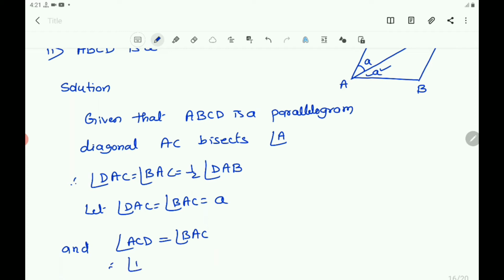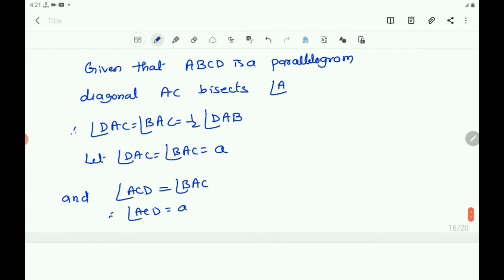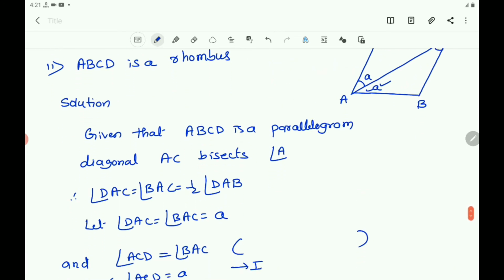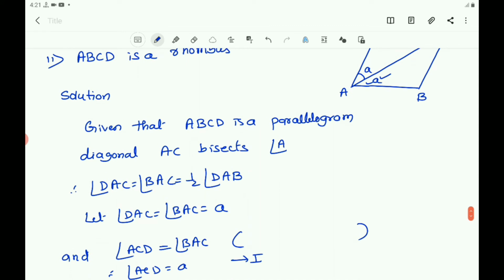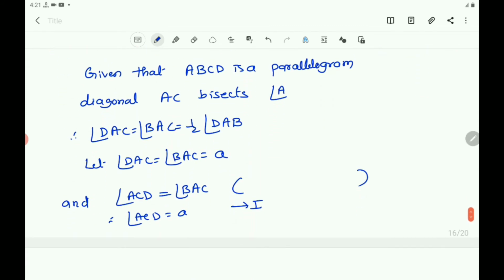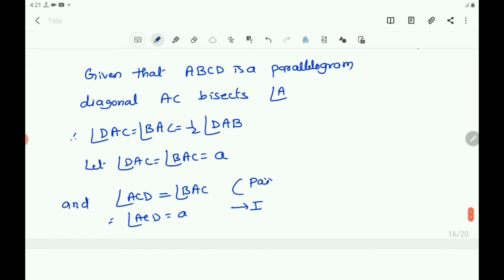Therefore angle ACD is equal to what? A. That also becomes equal to A. Consider this is the first. Here what is the reason you are going to give? Why is angle ACD equal to angle BAC? Angle ACD is equal to angle BAC because they are a pair of alternate angles, right?